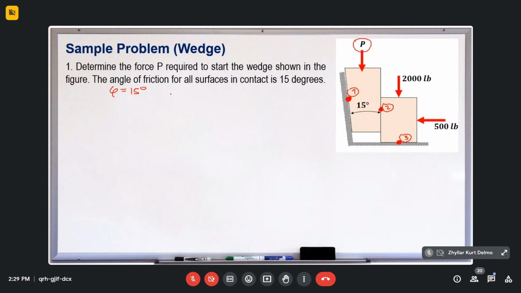Okay. Ang requirement ani is to solve for P, no? Solve for P. Now diri ato indicate pod ang impending motion. So since this is our applied force, this is used to start the wedge moving. So ang iyang direction of impending motion ani is paubos, no? Direction of impending motion.